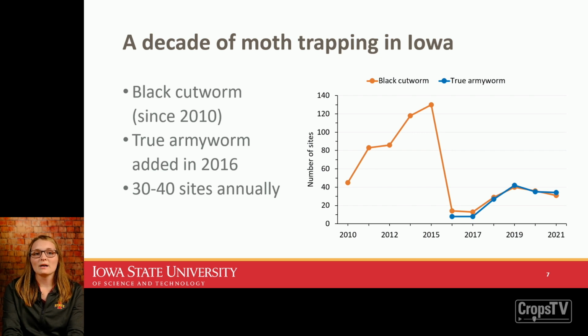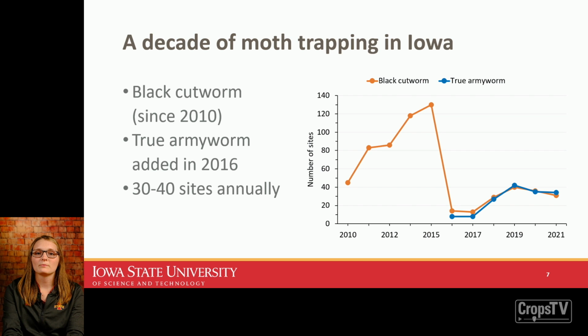That's really why we have the trapping network, so that we can monitor these things and provide scouting information for farmers in Iowa. The black cutworm trapping is a long-standing project in Iowa, and I have data from my predecessors back to 2010, so that's over a decade of this trapping effort for black cutworm. True armyworm was added in 2016.